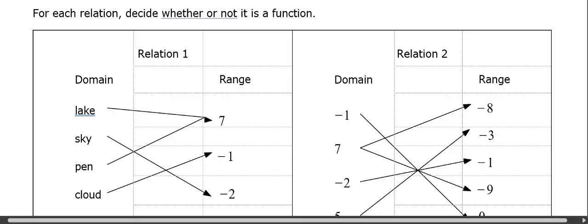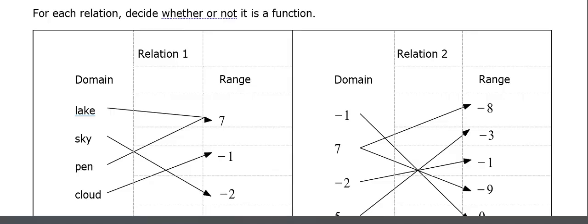Next question, for each relation, decide whether or not it is a function. So a function is a relation where the domain is only paired with a single range element.